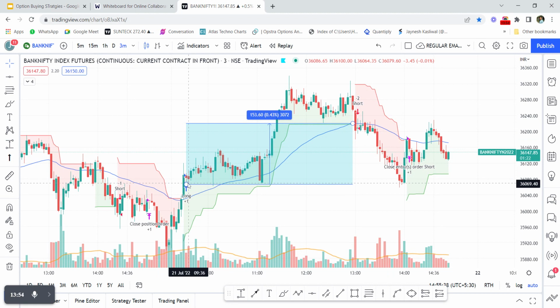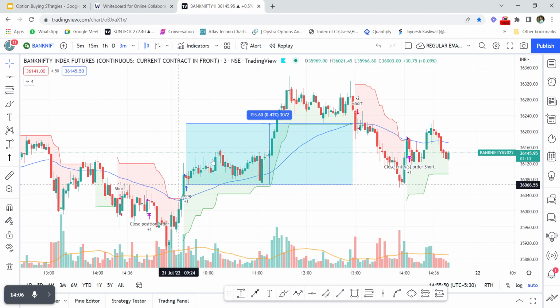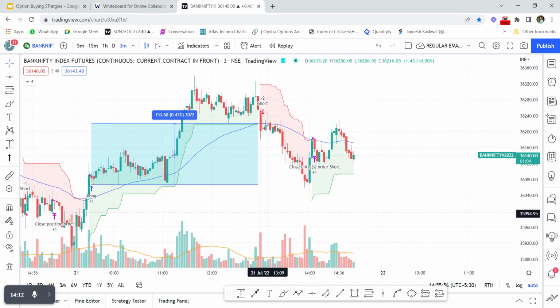Basically, once you buy from here till here, you have to exit that trade, and you can then go and buy a put option. The short means you're closing the previous longs and then buying a fresh put option. Here it checked whether the candle was above the 50 MA, and it gave us a long sign here, right?